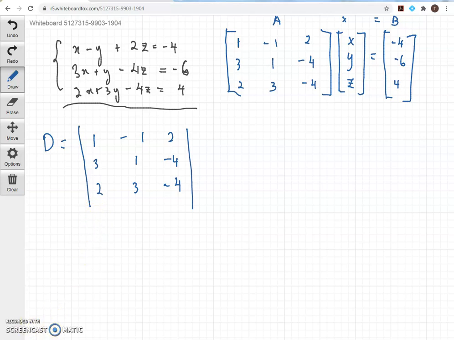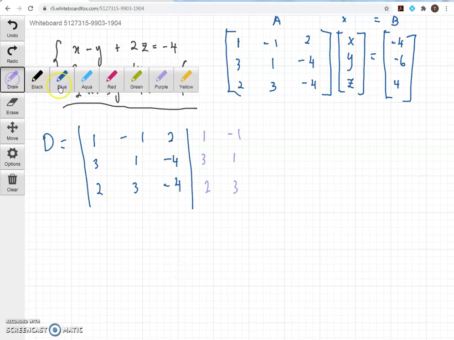We are going to add 2 more columns, copying the first and the second column again: 1, 3, and 2, and -1, 1, and 3. Since we have 3 columns, you add another 2 columns. If you have 4 columns, you add another 3 columns. But since we are dealing with a 3 by 3 matrix, 2 columns is enough.